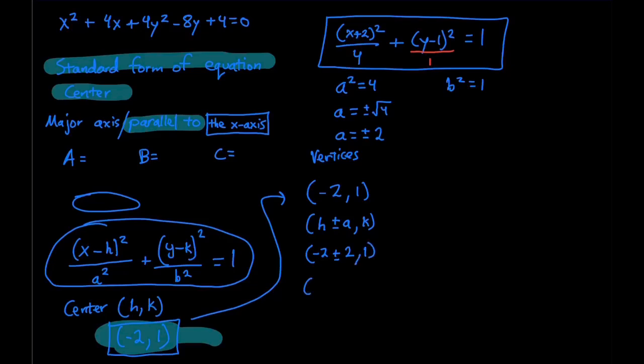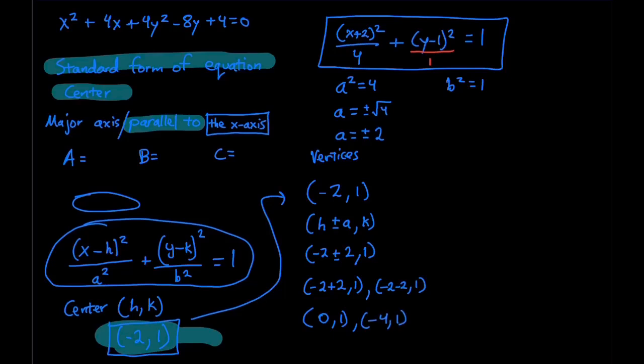And then you'd have to split it up because we can get actual integers for the answers. So this would be 0, 1, and this one would be -4, 1. So these would be the vertices.